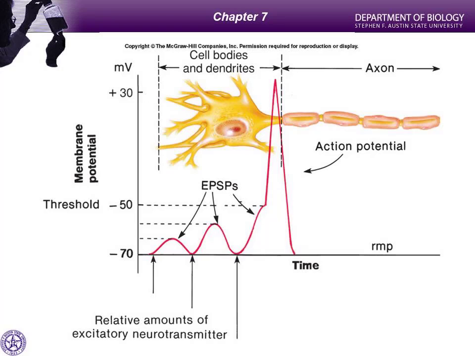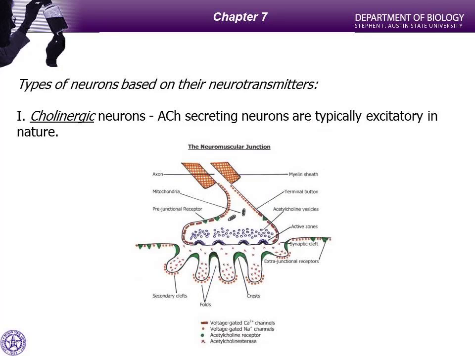Acetylcholine and neurons that secrete acetylcholine are referred to as cholinergic. And in many instances, cholinergic neurons are going to be excitatory neurons. Not necessarily exclusively, but almost always. And that's why we use the word typically. That's how we get around saying always or never. But typically, cholinergic neurons are going to be excitatory.